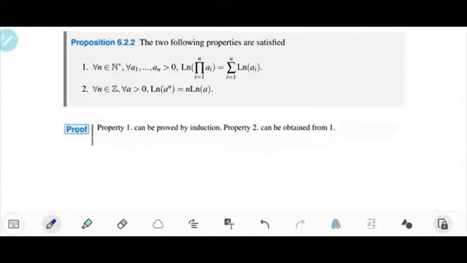So instead of having A and B, we can have A1, A2, A3, A4 until An, and we prove that the Ln of the product of Ai is equal to the sum of the Ln of Ai, which can also be used to prove this. So in fact, this first property in here we can prove it by induction, and the second property can be proved using the first property for all the A's being the same.